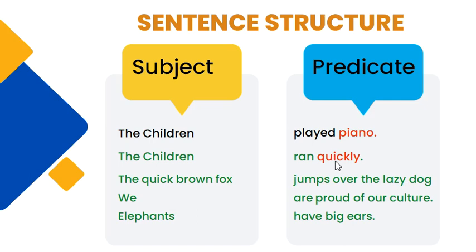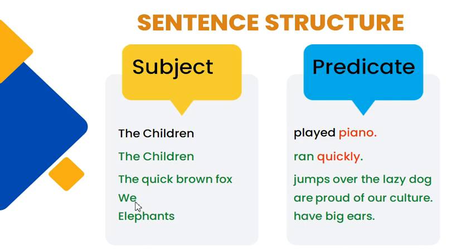These are all adverbs, so you can add adverbs to modify the verb. One thing which can never be missed in the predicate is the verb. If you have a verb like played, ran, jumps, are, have, they are given the most important place, the core predicate, and anything can be added to modify your predicate to make it clear about the thought of the person.